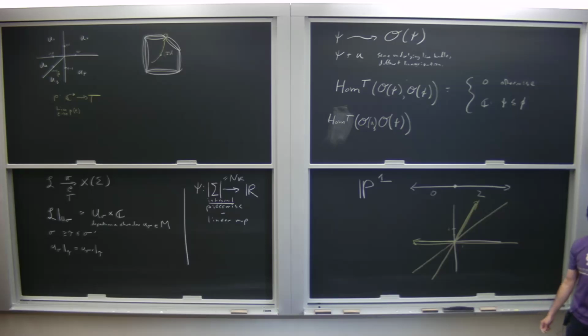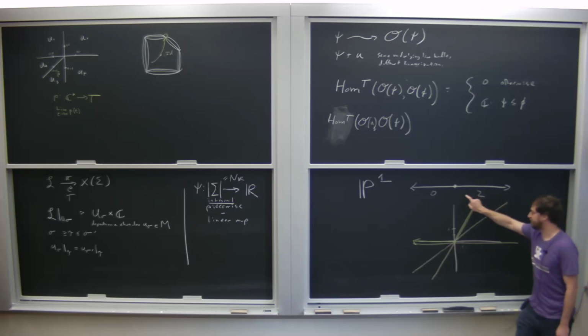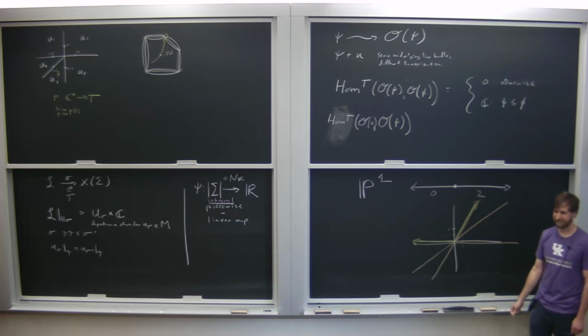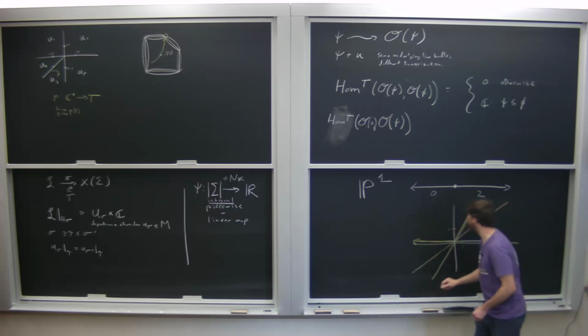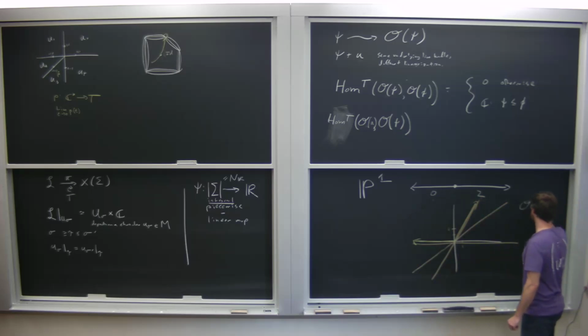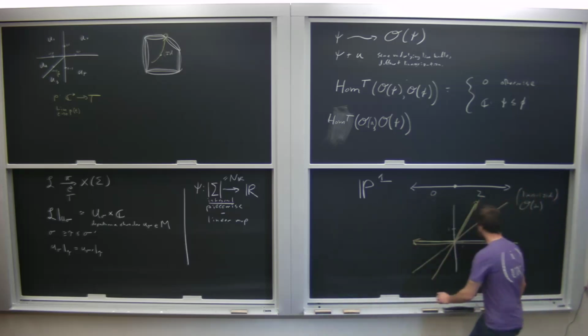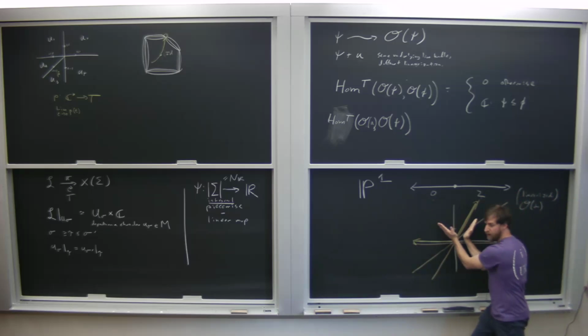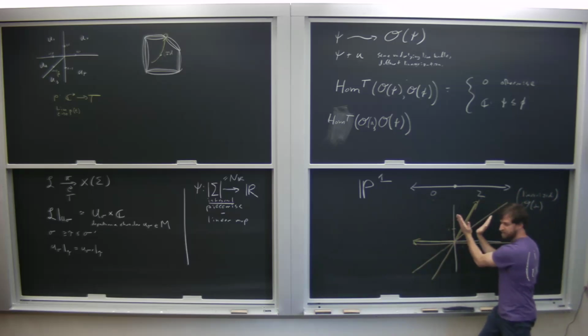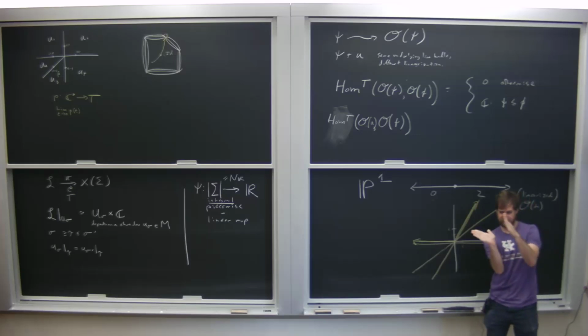Which line bundle did we find? 2 minus 0 is 2. So this is a linearization of O2. And you could get a different linearization of O2 by changing that to -1 and changing that to 1. Right? You could still find the same thing, and that's all adding a character is going to do.